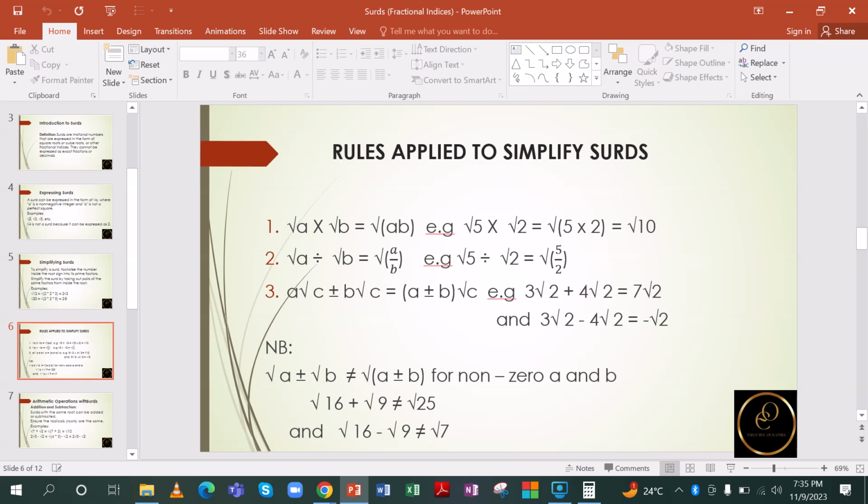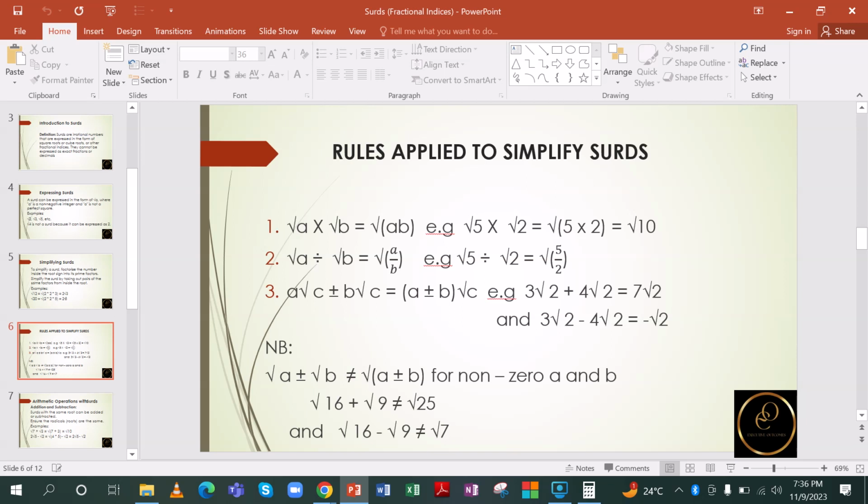A is an integer, B is an integer. So the product of the square roots of A and B is the same as the square root of the product of the 2 integers. That's what it means.